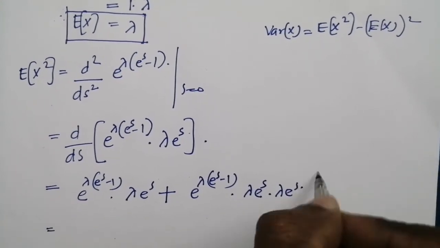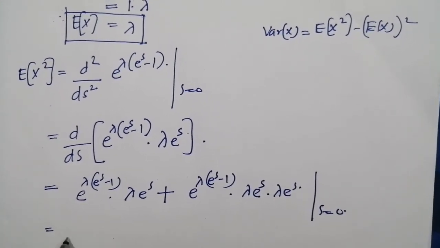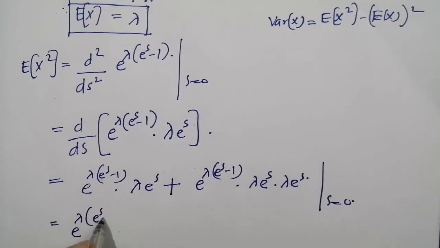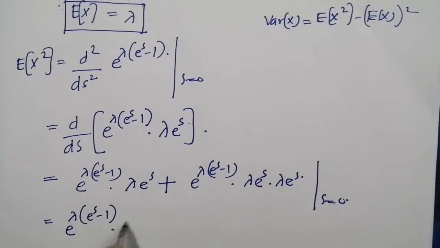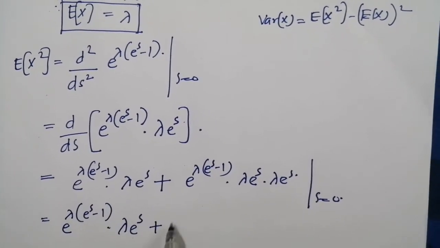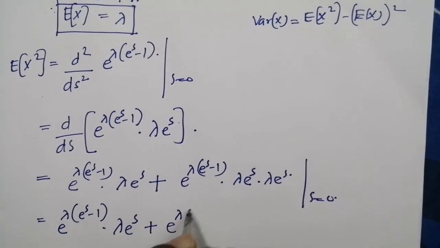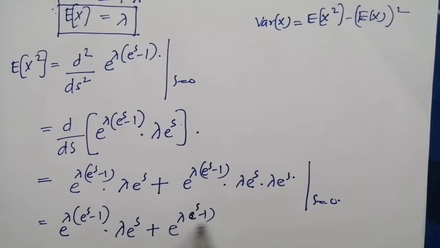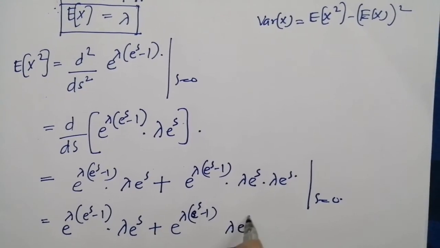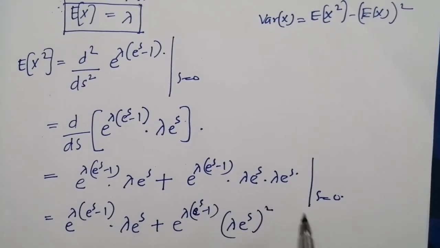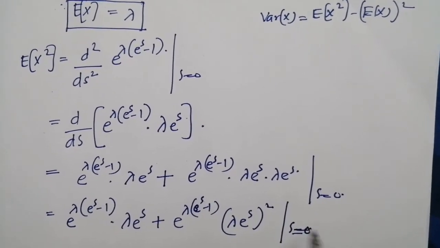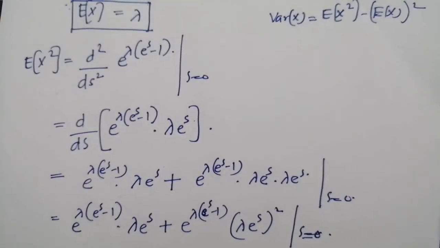So this is e raised to lambda (e raised to s minus 1) into lambda e raised to s, plus e raised to lambda (e raised to s minus 1) into (lambda e raised to s) the whole square. Put s equal to 0.